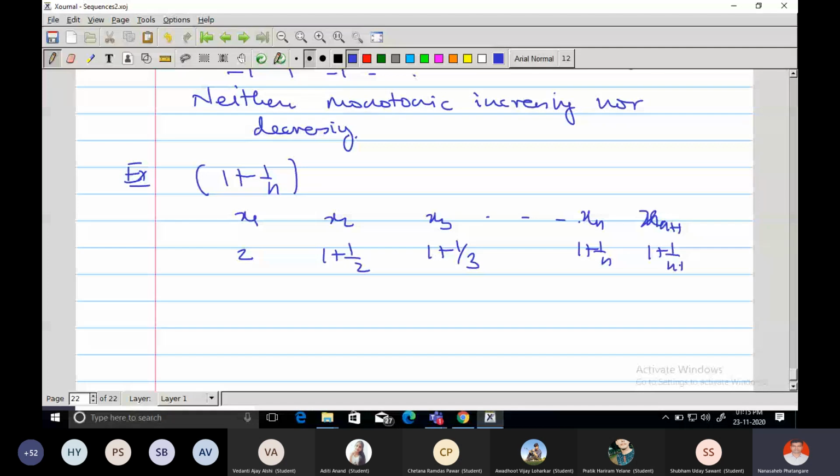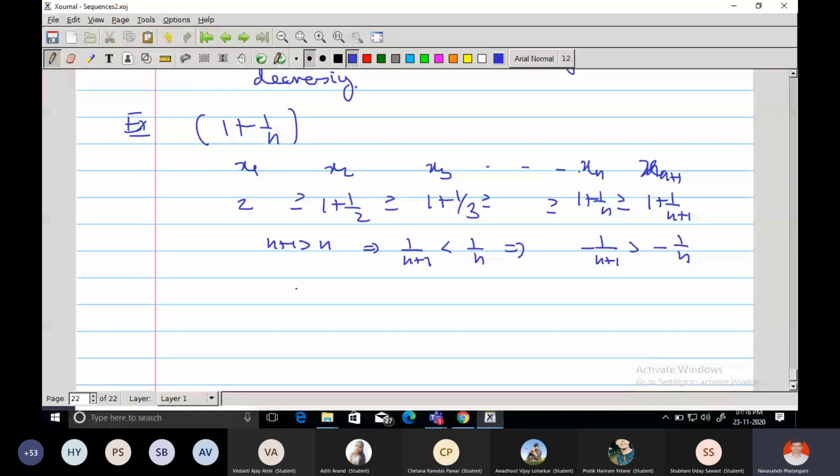And if you compare, then terms are decreasing, right? Because n plus 1 is greater than n, therefore 1 by n plus 1 is less than 1 by n, and therefore minus 1 by n plus 1 is greater than minus 1 by n. And if we add 1 throughout, the inequality remains the same. So 1 minus 1 by n and 1 minus 1 by n plus 1.